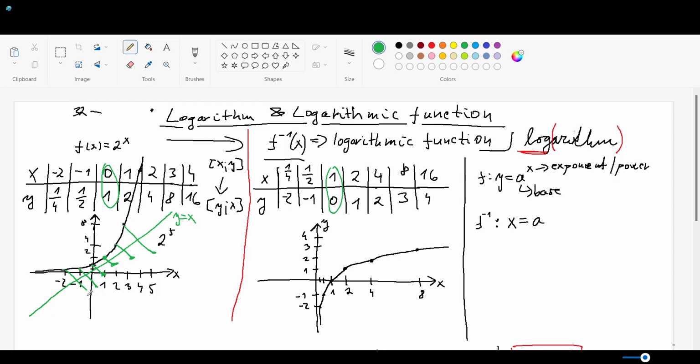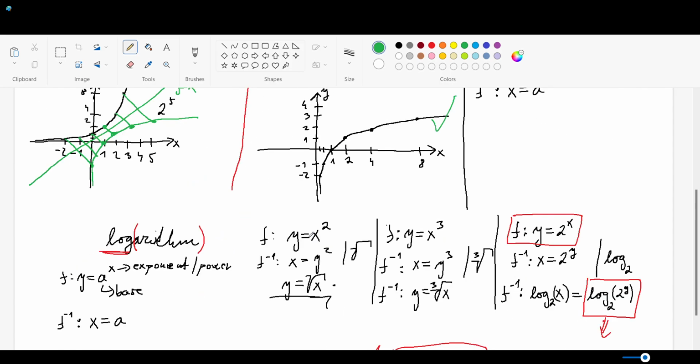So if you really would do it precisely, you will get the graph of the inverse function to the exponential function, which is really the same curve as we got when we just changed the coordinates of all the points of the given function, in this case exponential.